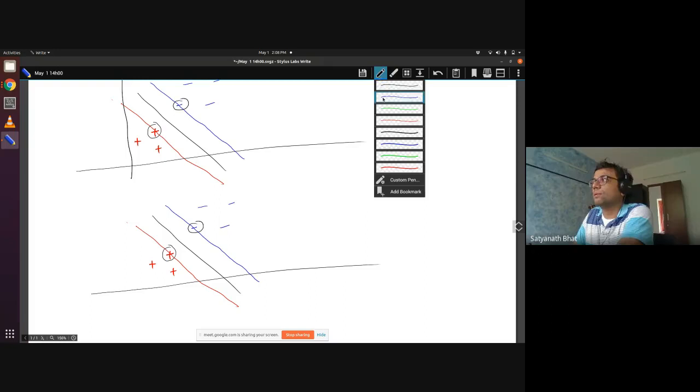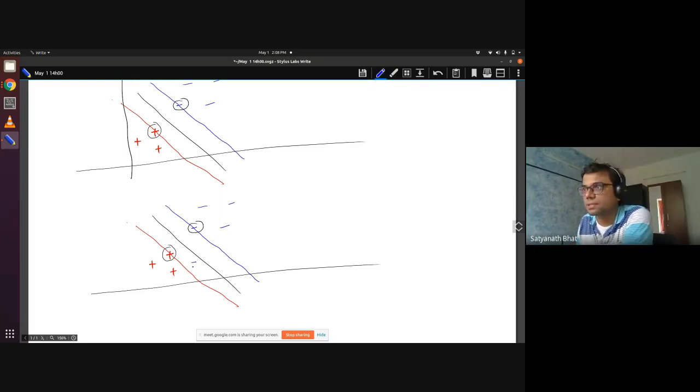Let me draw in appropriate colors. I made a mistake, so let me just correct this. The red points are negative. So let's just fix that.